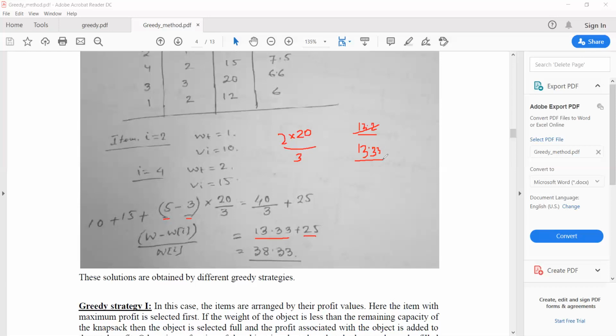So 20 by 3 into 20 by 3 is 6.666. That is the matter, so it actually gets different, and that's why the result also gets different. Anyway, that is a mistake in the mathematical calculation. You can just clarify and correct it. So the result will not be 13.2, it will be 13.33, so 38.33, sorry.